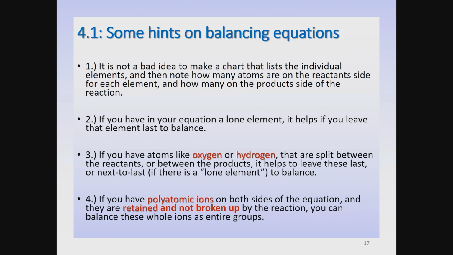They would be next to last if you have a lone element on either the reactant or the product side. And one thing that can be very helpful: if you see polyatomic ions in your equation, you can balance whole polyatomic ions, but make sure the atoms of the polyatomic ion are not distributed in other compounds, because then you can't easily do that. That's something to keep in mind.